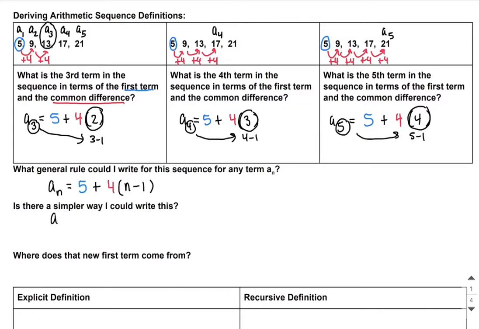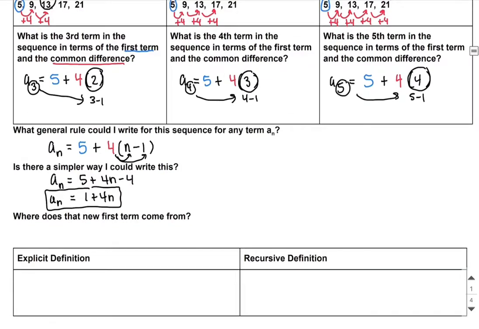So I'm going to do that and see if I could simplify this. I have a sub n is equal to 5 plus, if I distribute this 4, I have 4n minus 4. And then if I collect my like terms, I have a sub n is equal to 1 plus 4n. So this could be a simpler way of writing this with fewer terms.